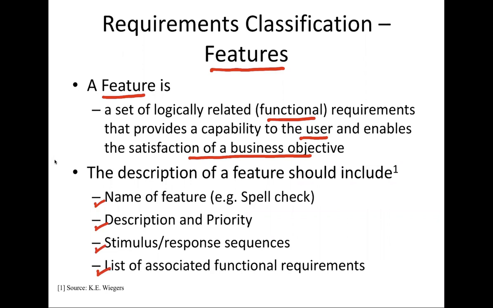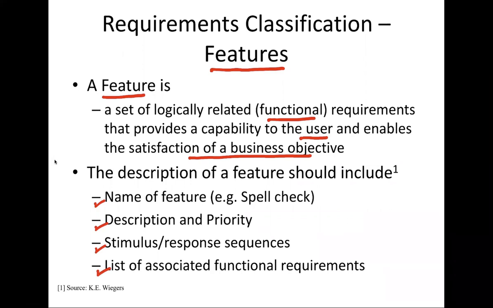So why do we do this? Because we'd like to provide capability to the user and enable the satisfaction of a business objective. This will help in identifying groups of requirements that can easily be analyzed in later stages.